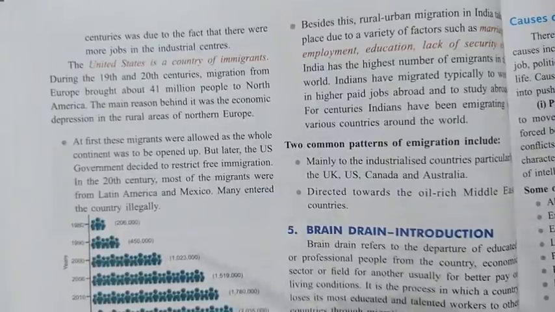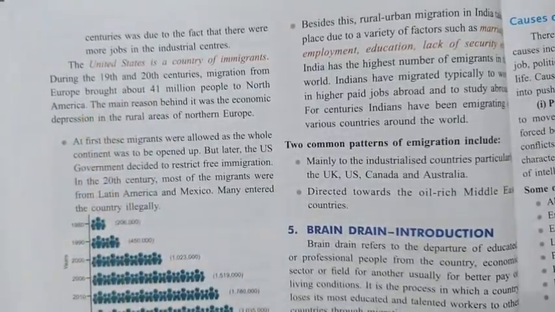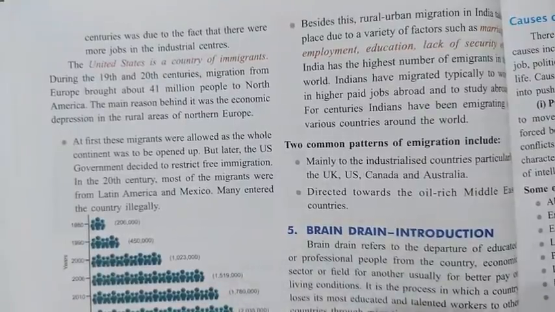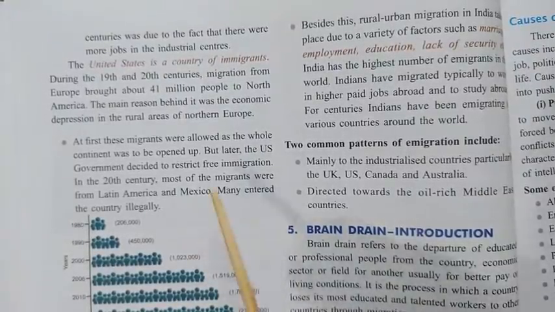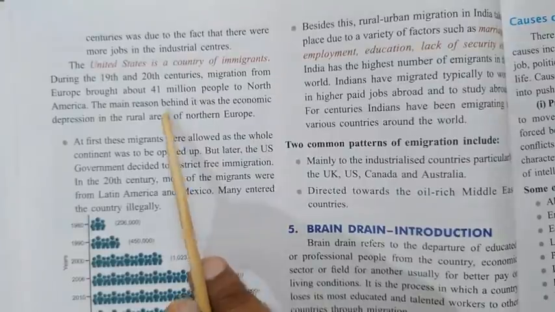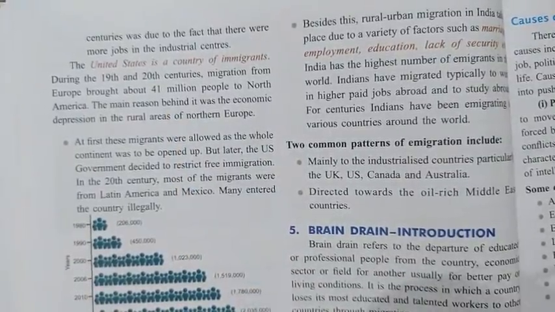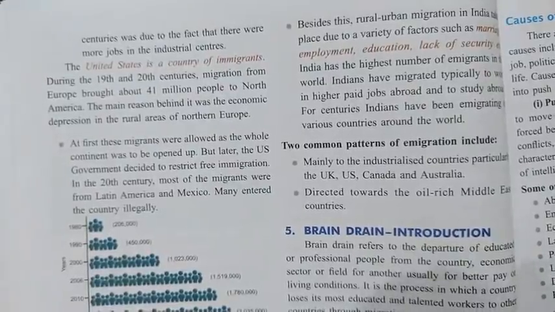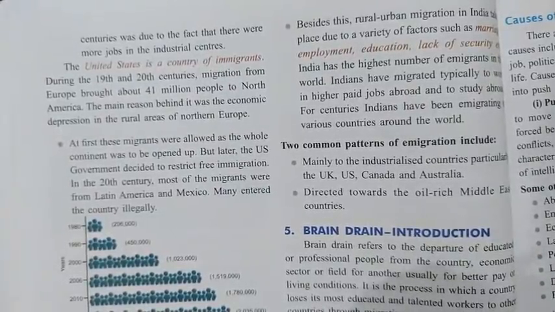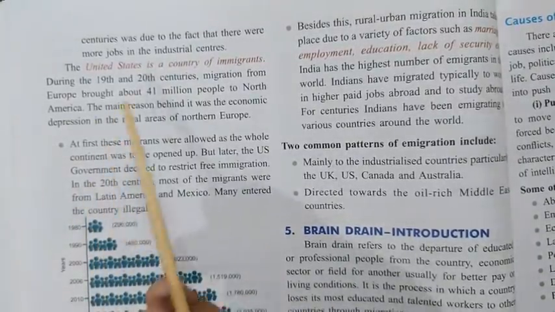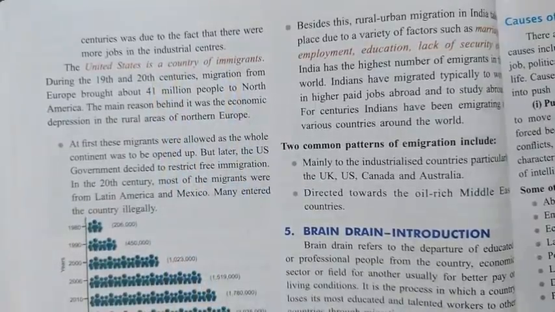So all the people here in America are immigrants, because they all migrated from Europe. That's why the United States of America is known as the country of immigrants.